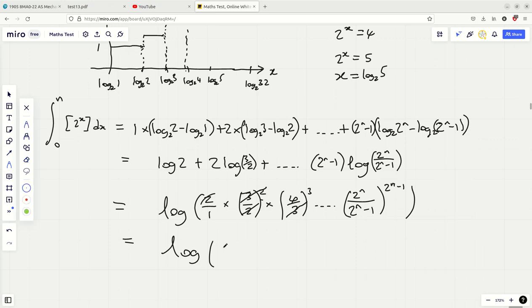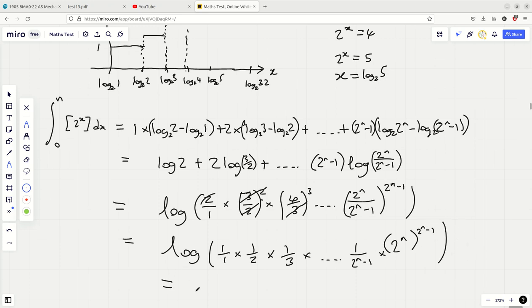So you're going to have 1 over 1, if you like, times 1 over 2, times 1 over 3, times all the way up to 1 over 2 to the n minus 1. But let's not forget that this last term isn't going to cancel. So that's going to be 2 to the n to the power of 2 to the n minus 1.